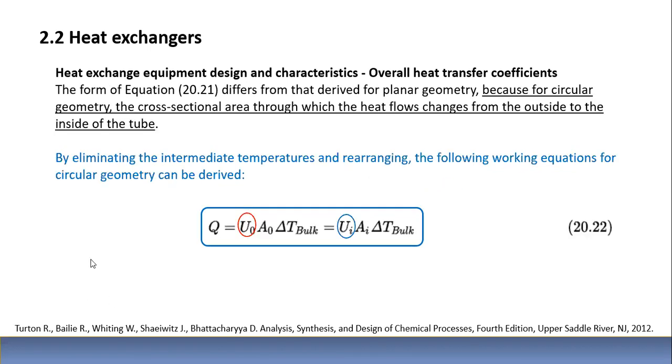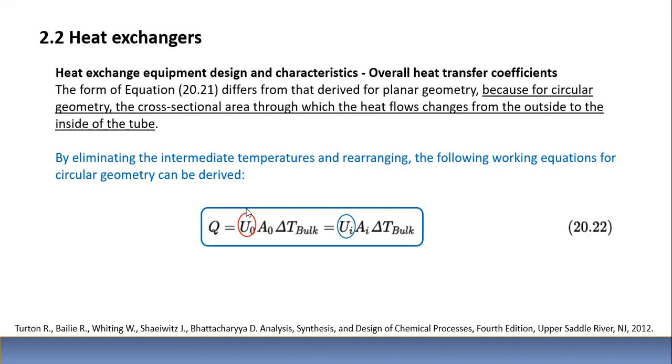The form of equation 20.21 differs from that derived for planar geometry because for circular geometry, the cross-sectional area through which the heat flow changes from the outside to the inside of the tube. By eliminating the intermediate temperatures and rearranging, the following working equations for circular geometry can be derived.